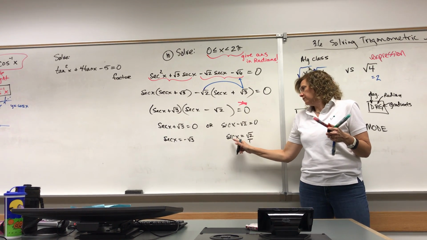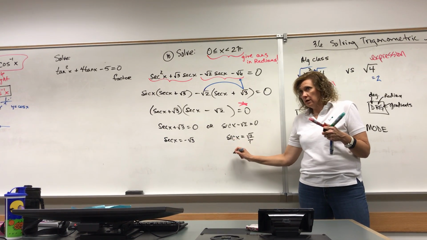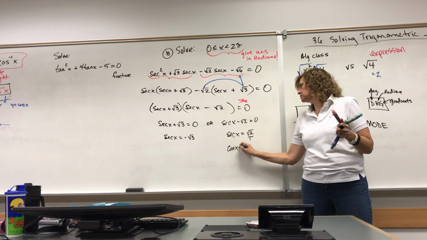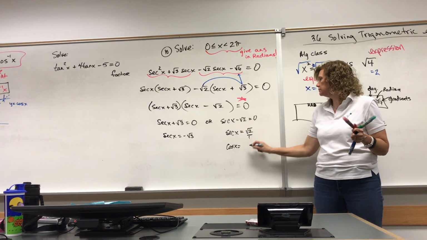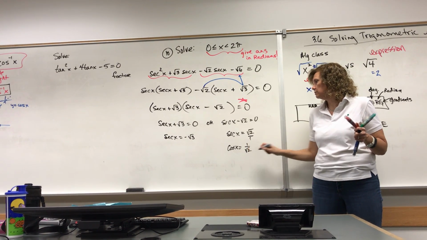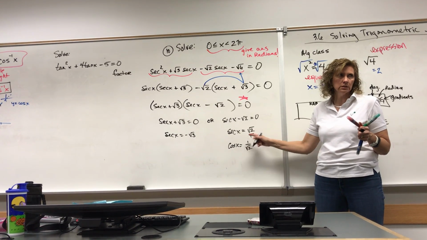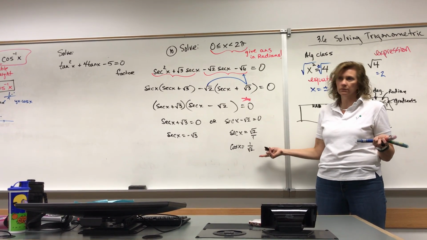If I converted this to cosine, which is 1 over secant, we just take the reciprocal of both sides. We get 1 over root 2. I kind of like that ratio. It's fine. Don't bother rationalizing it. Leave it alone, because that's not our final answer.